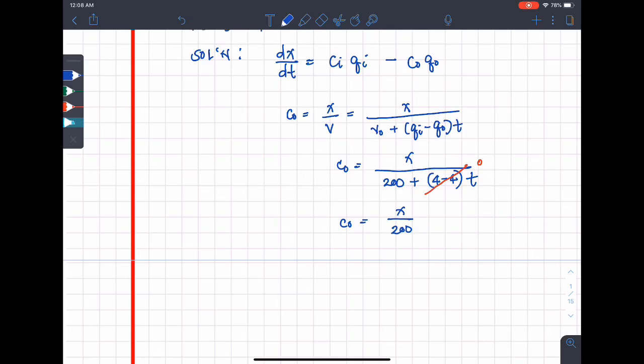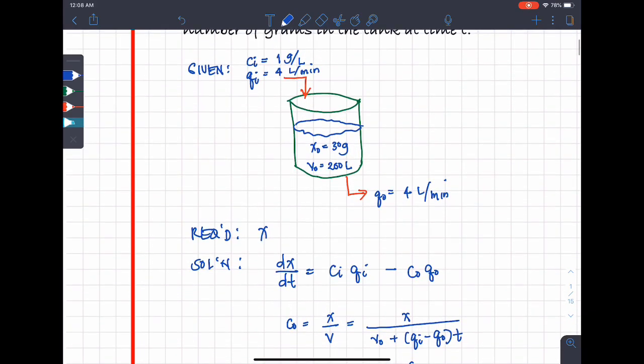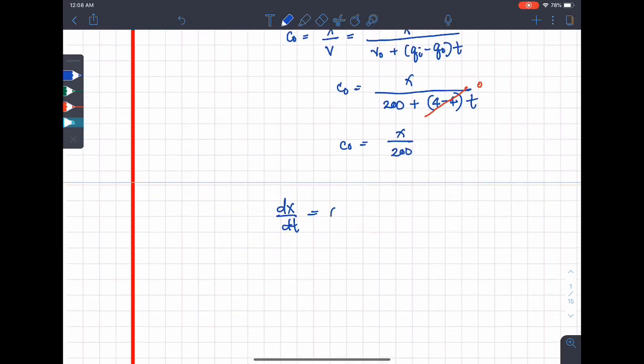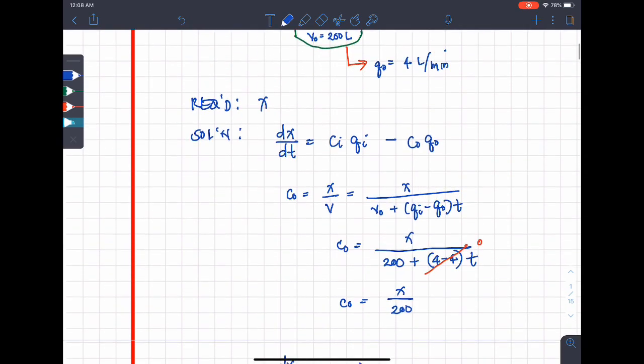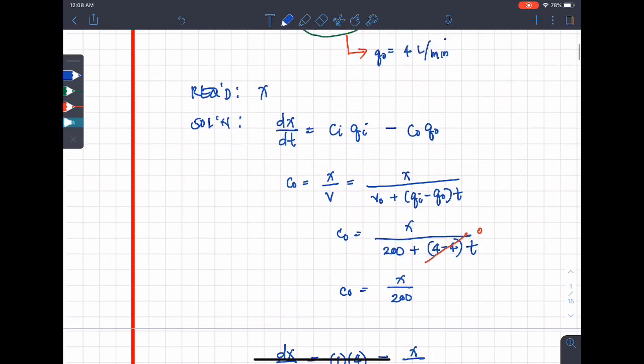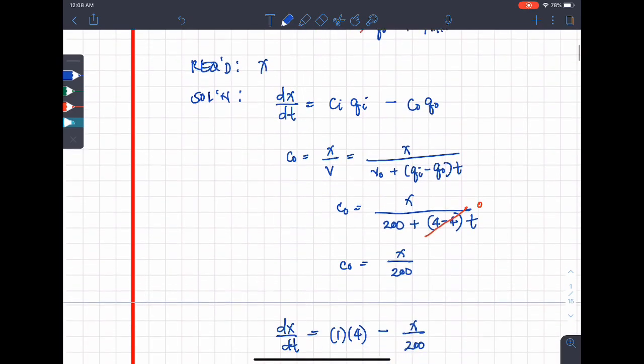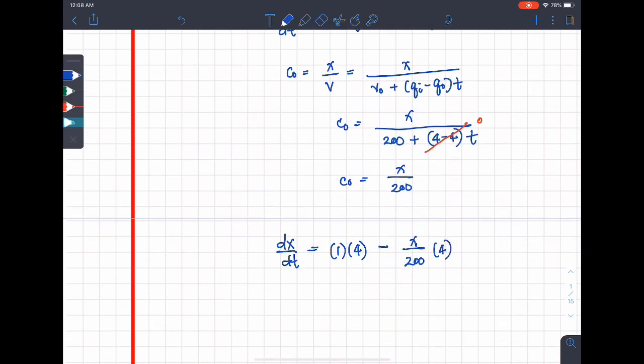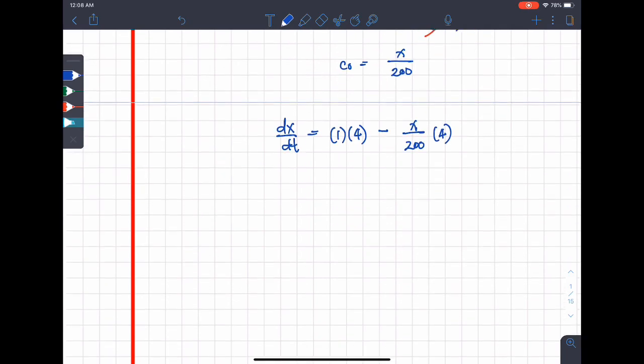Thus we can already substitute all the given values. dx over dt equals the input concentration, 1, times the flow rate, 4, minus the output concentration, X over 200, multiplied by the output flow rate, 4. That gives dx over dt equals 4 minus 4 over 200 x, which is the same as x over 50.